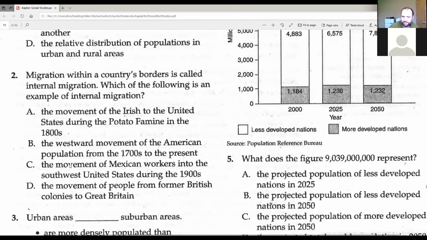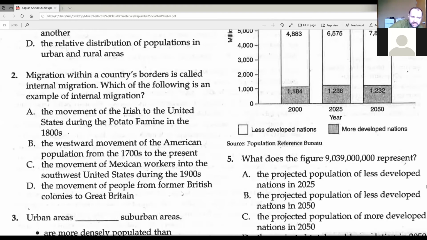If it had said the movement of people from British colonies to Great Britain, you might have a case for it being an example of internal migration. But it says former, which means they are no longer British colonies, and they are now moving to Great Britain. That wouldn't be an example of internal migration because of that, right?